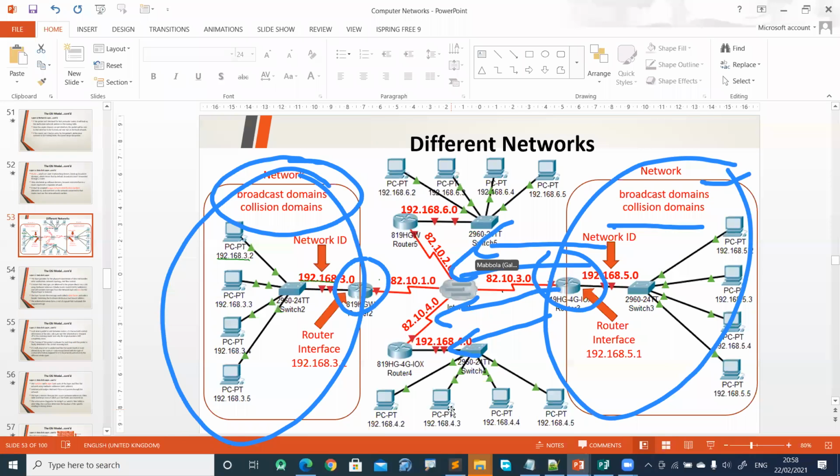They stay inside. Collisions also stay within the network. They cannot come outside, because if they did, the whole network on planet Earth would become extremely slow. A lot of packets would be lost, a lot of packets would collide with each other, and there would be a lot of broadcasts.